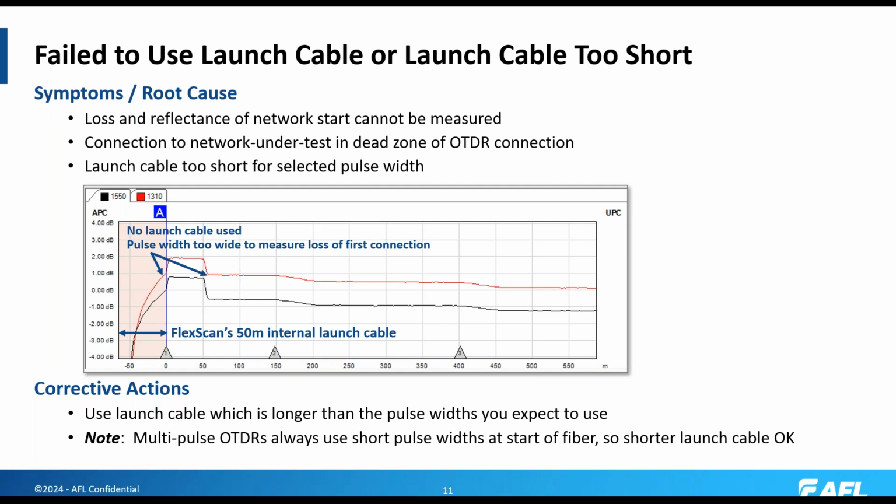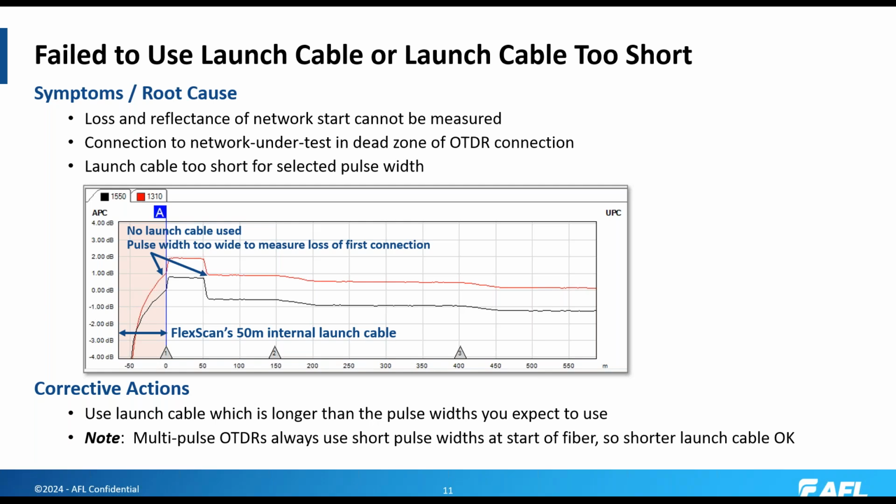In smart auto mode or multi-pulse acquisition mode, we'll use narrow pulse widths to measure the connections at the beginning. But in expert mode, you're in control of your pulse width setting, and you want to make sure that you use a launch cable that's longer than the pulse width.